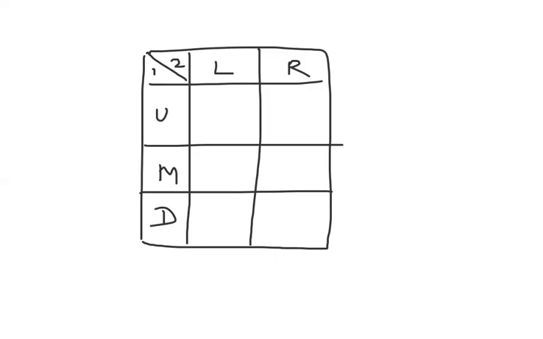And let's say the payoffs are 4 and 0, and here 2 and 3, and here 0 and 1, and here is 4 and 2, and here is 1 and 2, and 1 and 3. Okay, so these are the payoffs.